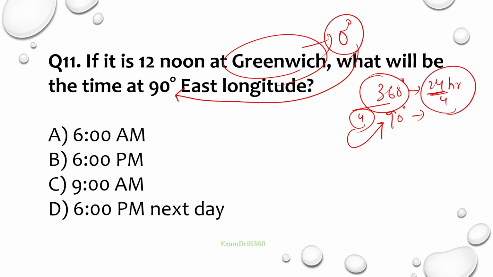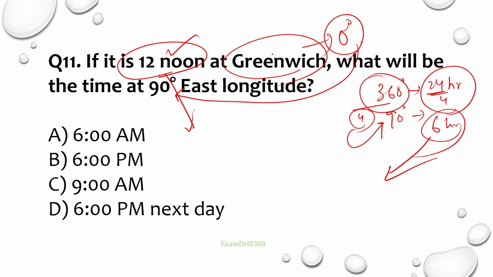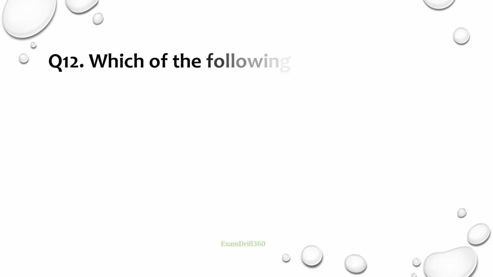Similarly, divide 24 hours by 4. How much time? 6 hours ahead. So if it is 12 noon at Greenwich, then it will be plus 6 hours. That is 6 p.m. at 90 degrees east longitude. 6 p.m. Clear?